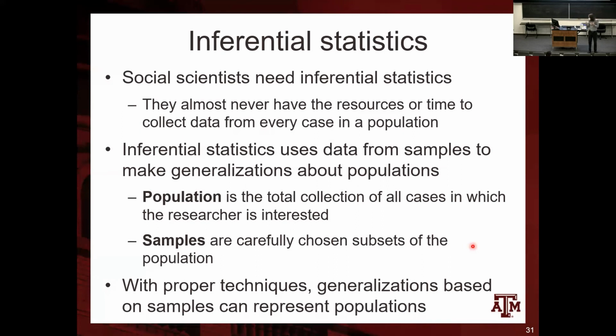But the sample has to be representative of the whole population, right? So I have to get people answering my questionnaire from different age groups, different race and ethnicity groups, different sexes, different places of residence, and so on, different neighborhoods, right?